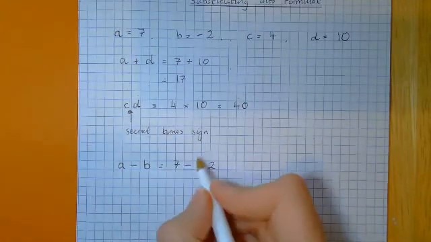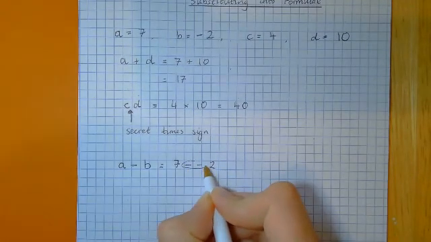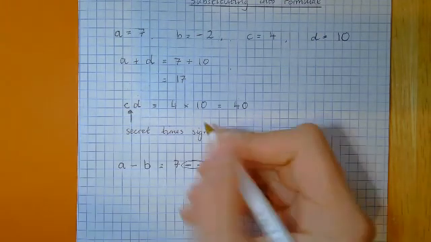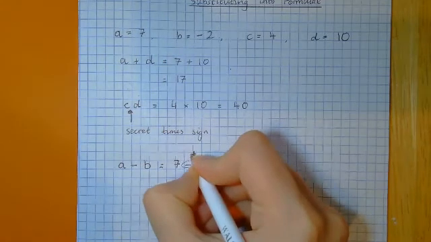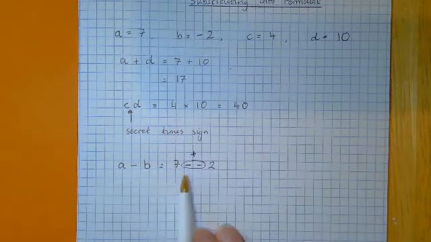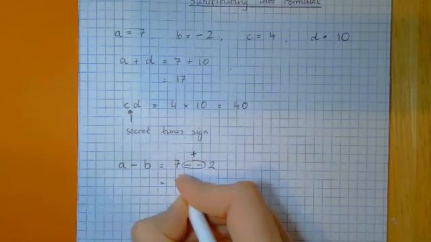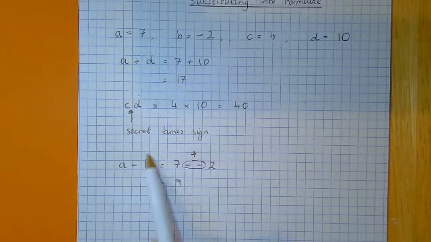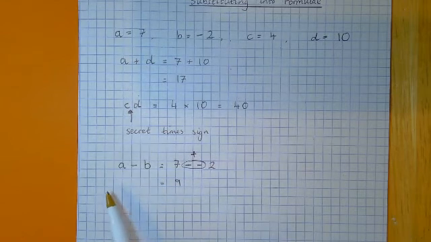I've got 2 minuses there. If they're next to each other and I can put a loop round them like that, then I can write a plus. So that's the same as 7 plus 2, which is 9. Okay? So that's substituting into what we call expressions. These things are all expressions.